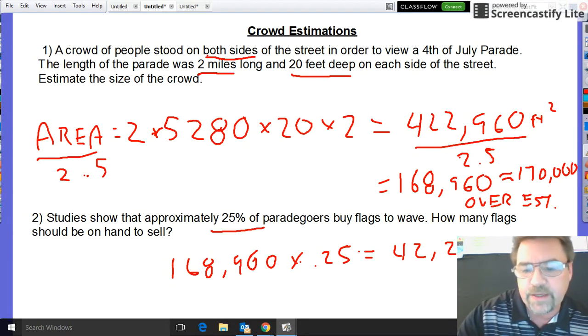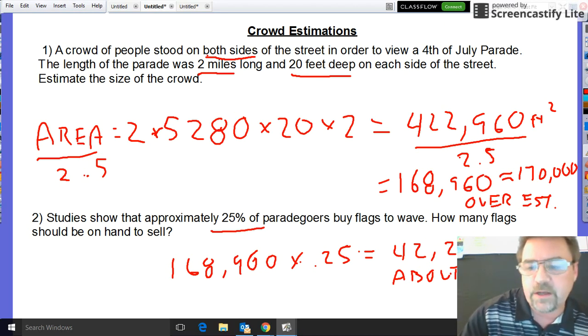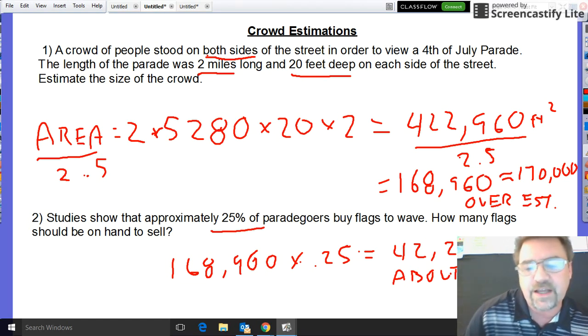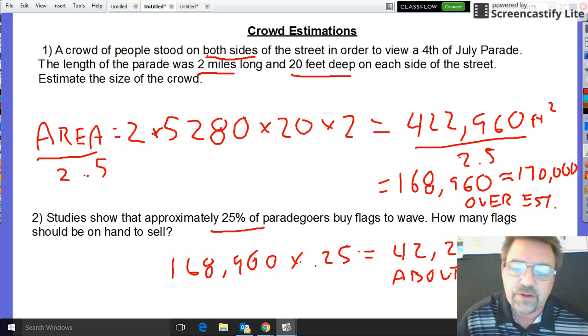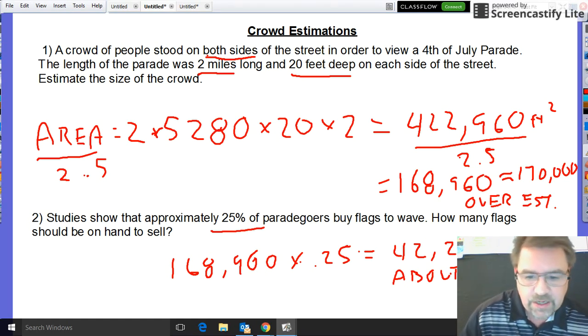You could round that down to about 42,000. And that would be a good estimate for the amount of flags you'd want to bring to sell. That way you wouldn't run out too bad. You're not going to sell exactly 42,240, but around there. So there you go.